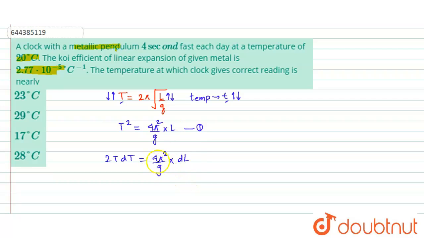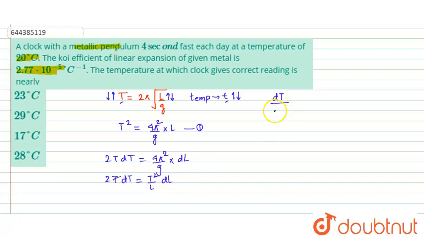Now let us put the value of 4 pi square upon g from equation number 1. That gives us 2T dT equals T square divided by L into dL. You can see here this will cancel out. This gives us the relationship between the change in time period and length.